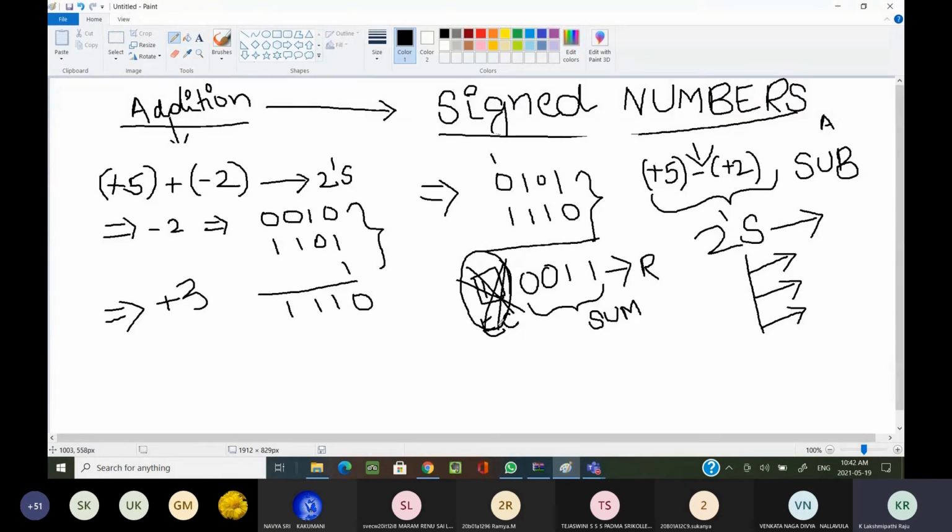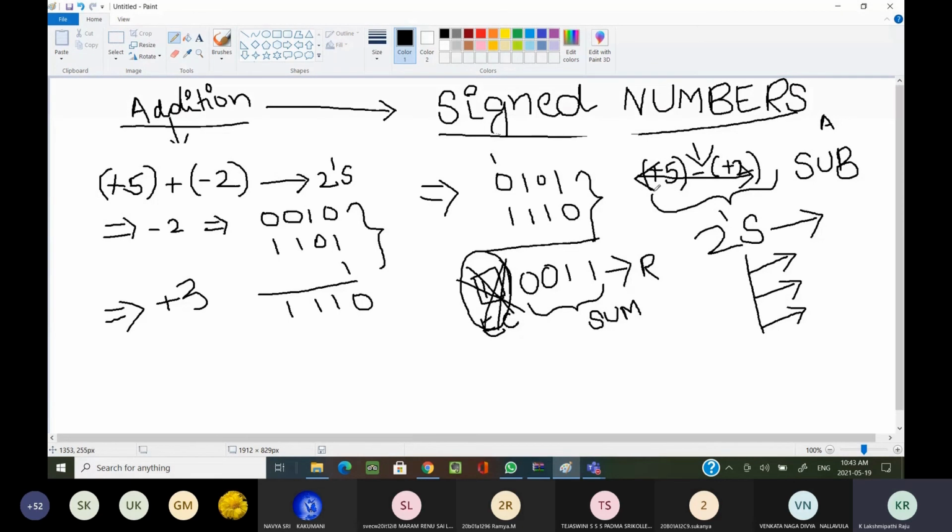For your understanding, I have written this expression; actually we can write the mathematical expressions this way. Her doubt is, sir, you are saying that for positive numbers all types of representations are the same.